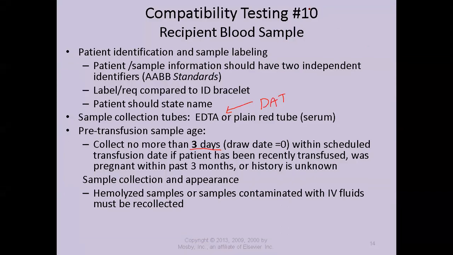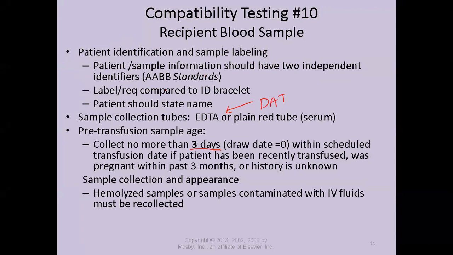So let's move on and talk a little bit about the recipient's blood sample. When we're drawing the recipient's blood, for patient identification and sample labeling criteria, we need to have 2 independent identifiers per the AABB standards: ID number, name, date of birth.